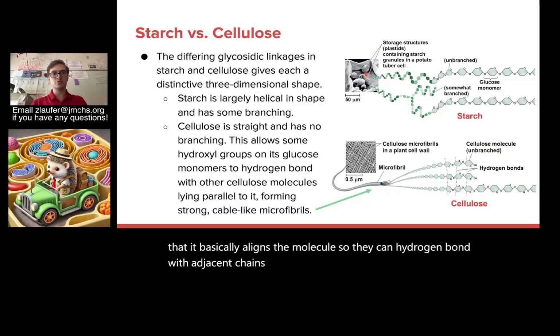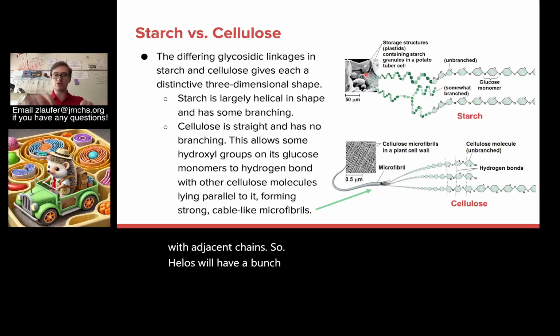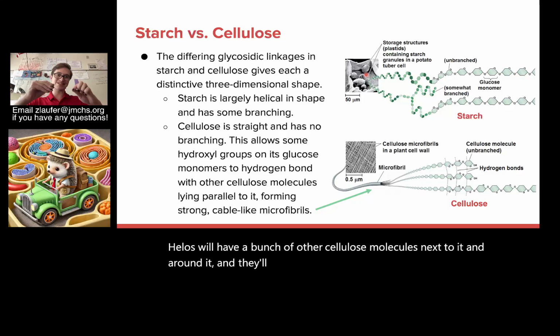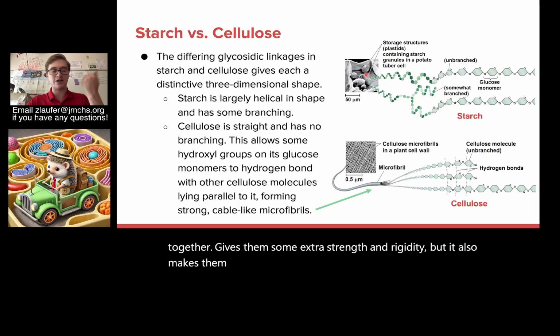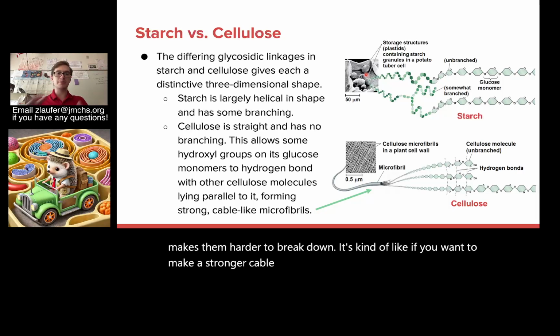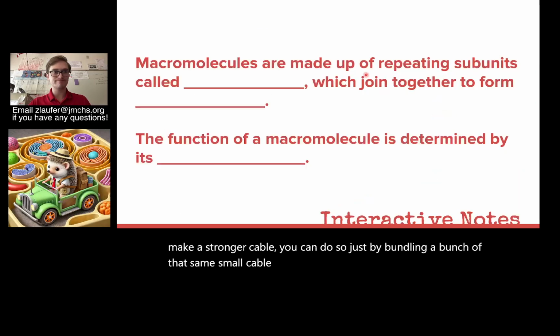So cellulose will have a bunch of other cellulose molecules next to it and around it, and they'll actually hydrogen bond together and stick together, gives them some extra strength and rigidity, but it also makes them harder to break down. It's kind of like if you want to make a stronger cable, you can do so just by bundling a bunch of that small cable together.